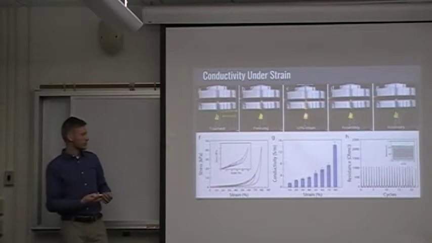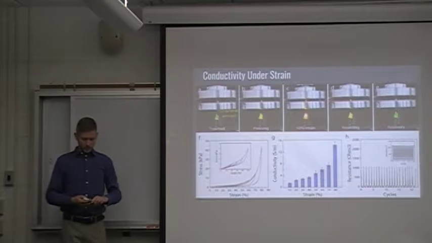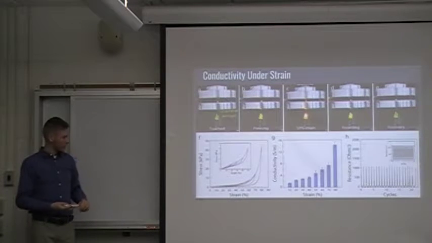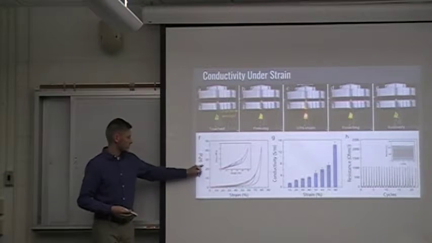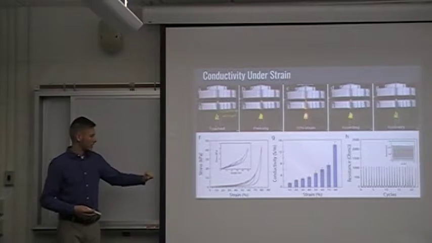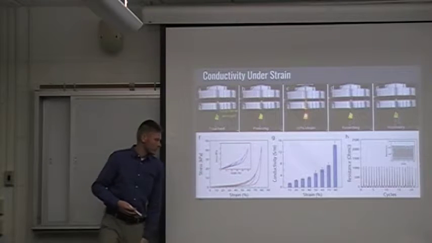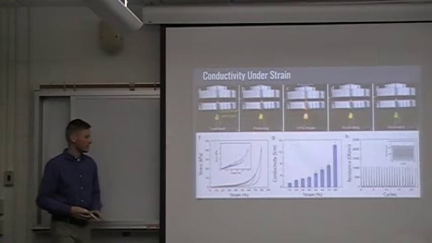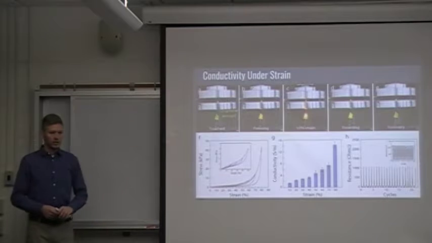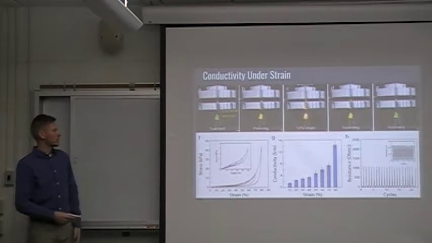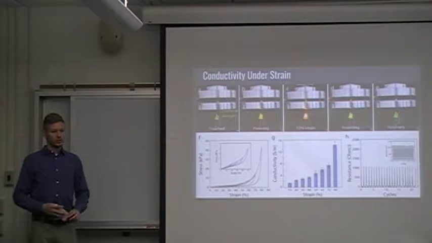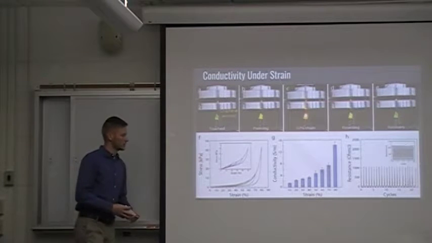But as it compresses, the conduction and the current increases. So this is the strain and the stress going through, and that is related to the conductivity. The more strain there is, the more conduction it lets through, and the less strain, the fewer electrons it is letting run through.